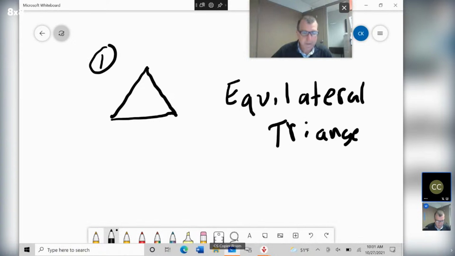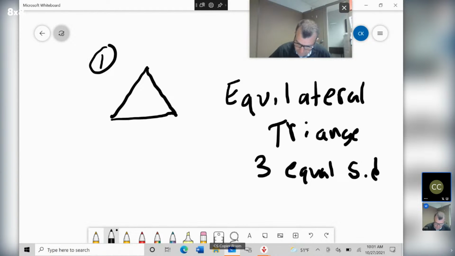What that means is three equal sides. So this one is 6 feet, this one is 6 feet, and that one is 6 feet. All the sides are going to be equal in an equilateral triangle.